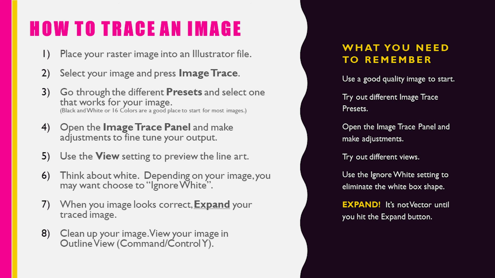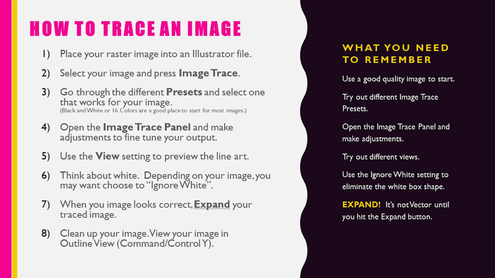And then think about white. Think about the white in your image and how you want to work with that. Depending on your image, you may want to choose ignore white. Then step number 7, when your image looks correct, you hit that expand button. And that's when it traces your image. But don't stop there.